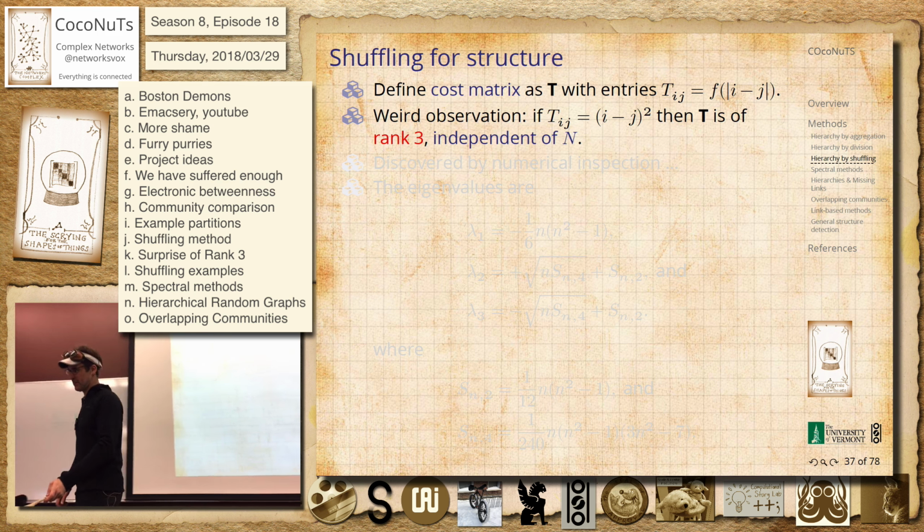This is a linear algebra sort of thing, but that's pretty weird. And here are the eigenvectors. You can actually specify the eigenvectors, and they have very clean structures. This one has a linear aspect to it, and these two have parabolic structures in them.